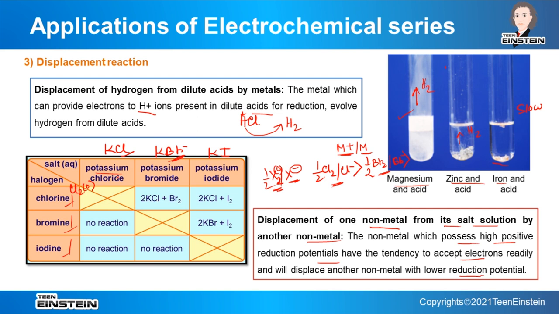That means chlorine can accept electrons from bromine and it will oxidize Br minus to bromine. So there will be liberation of bromine gas. You start from KBr plus Cl2, but after the reaction we get 2KCl plus bromine. So Br minus is replaced by chlorine.